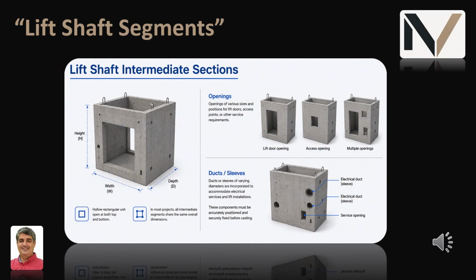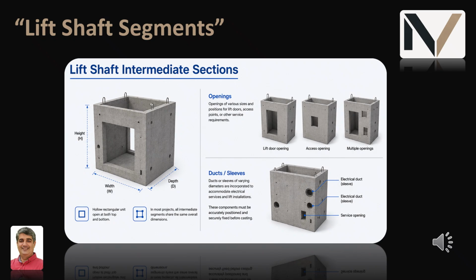The intermediate sections of the lift shaft are essentially hollow rectangular units that are open at both the top and the bottom. In most projects, all intermediate sections share the same overall dimensions. As a result, once the internal core and mold system have been set up, they can generally be used throughout the entire production run.